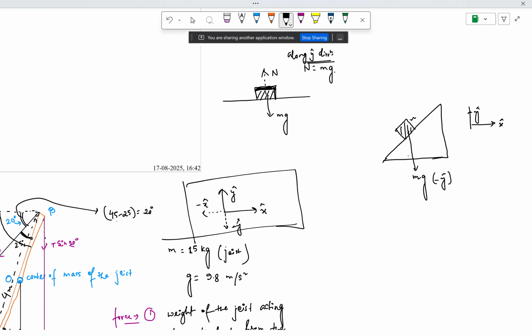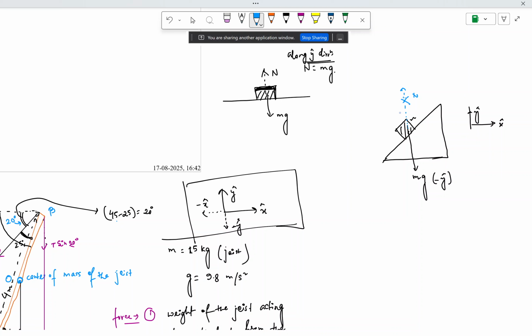So mg will be in that direction. But the contact force N in that case will not be along the same line. If you confuse it and try to draw the N force like this blue dashed line here, this is not the right direction of N. Contact force cannot act like that.